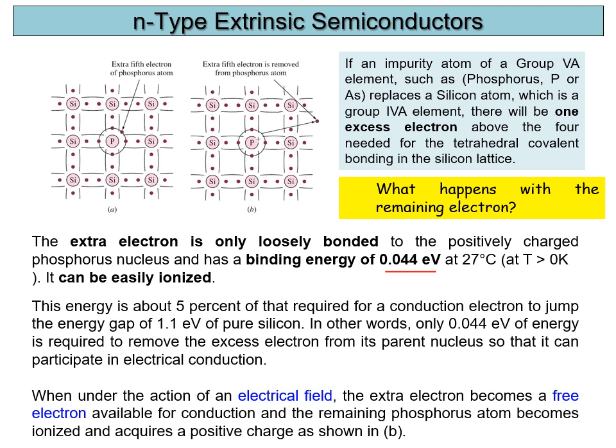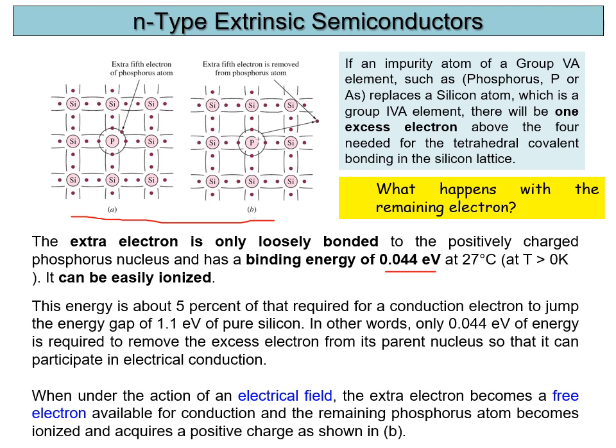So this is the figure where we add an element from group 5A. For this example, we choose phosphorus. Phosphorus has an extra, or excess, electron here, one electron.